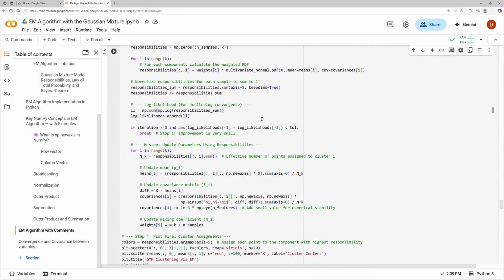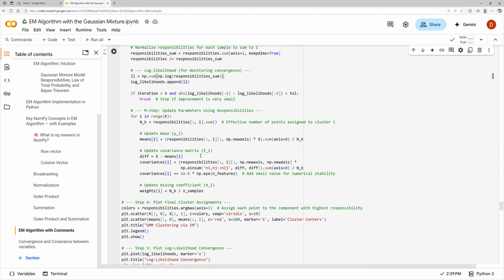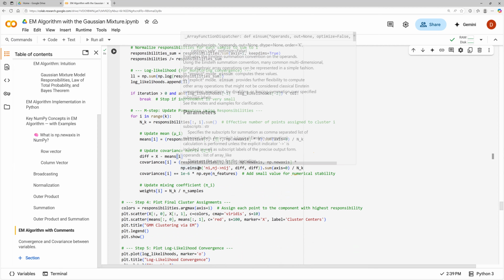Here we update the parameters using the responsibilities. Obviously, K is 2. So we update the means here with what we discussed with NumPy. We update the covariance matrices.